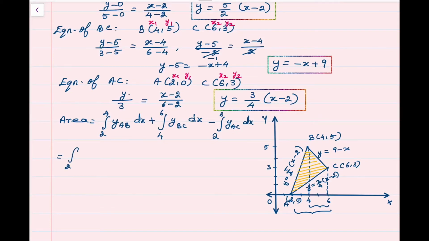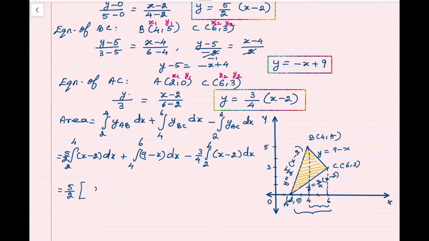Integral 2 to 4 of 5/2 (x - 2) dx plus integral 4 to 6 of (9 - x) dx minus integral 2 to 6 of 3/4 (x - 2) dx.